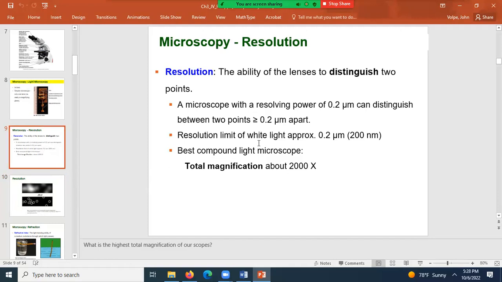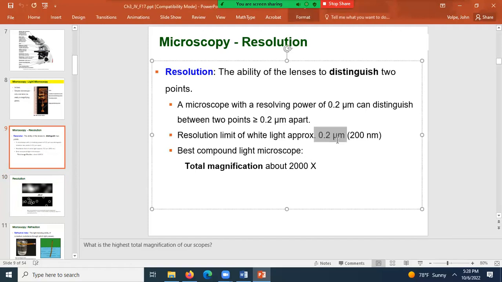And it has to do with the wavelength of light. White light, you cannot magnify any greater than 2,000 times because the resolution limit is 0.2 micrometers. And that's having to do with the properties of the wavelength of light.